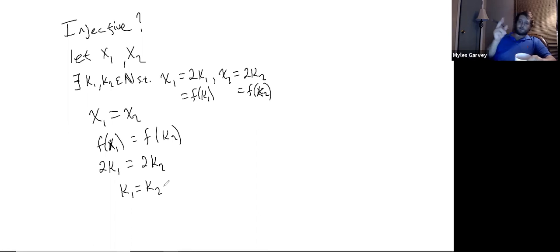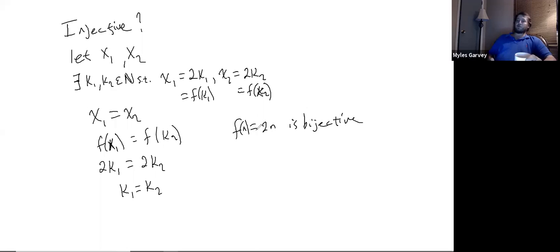We showed that when you give me any two numbers in the codomain which are equal to each other, when I find the function that I pass a k through to get that number, by necessity, the k's need to be equal to each other. Therefore, the function is injective. And because it is surjective and injective, the function f of n equals 2n is bijective.